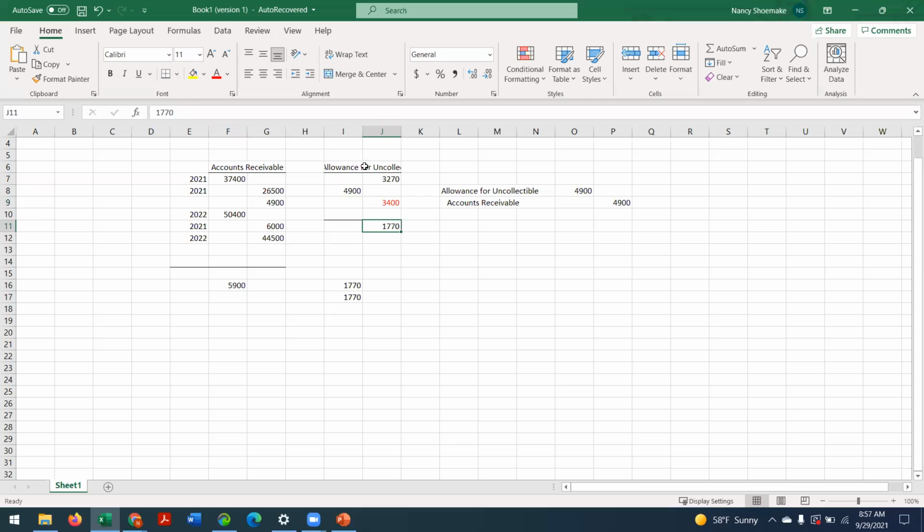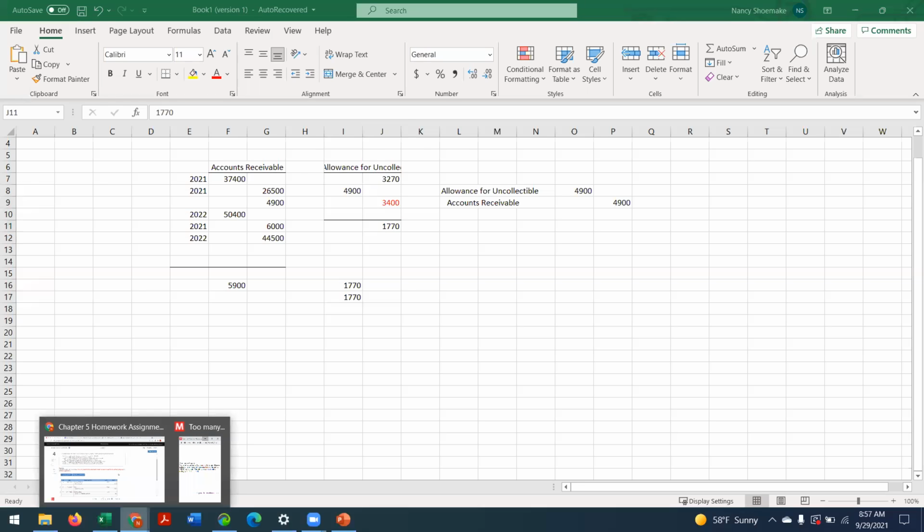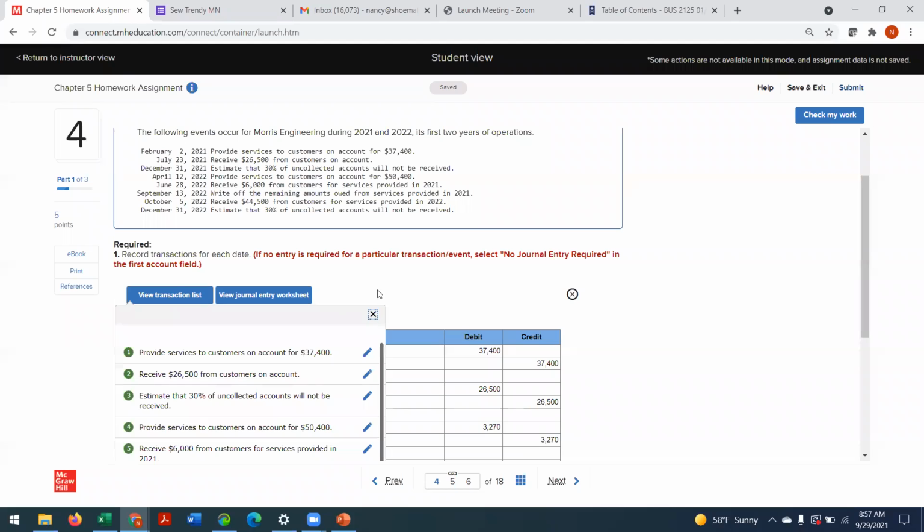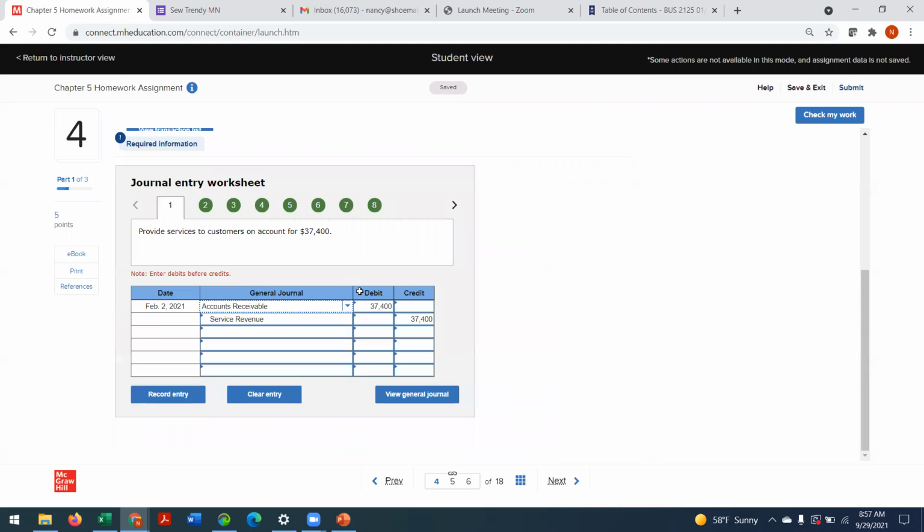So we're constantly going to be adjusting this bad debt expense. Since the year before, we underestimated our bad debts. This year, we need to catch up for what actually did occur. So this figure here would need to be, sorry, the 3,400.